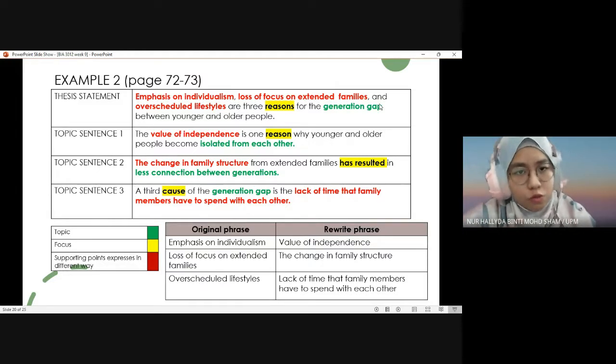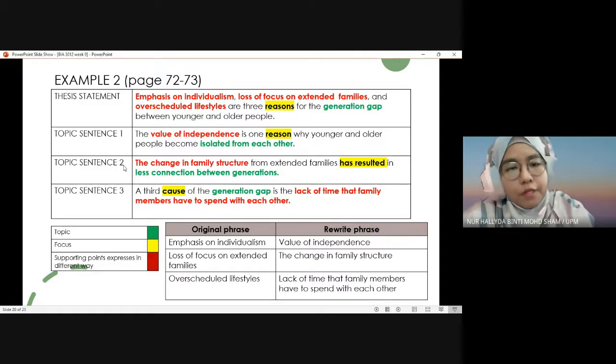You're not close with your siblings or parents or relatives, meaning you separate yourself from them. So that's what is meant by isolated, asingkan diri from each other. You don't really have to repeat generation gap from start to end. Find a different way of expressing it. So this is how it is written.